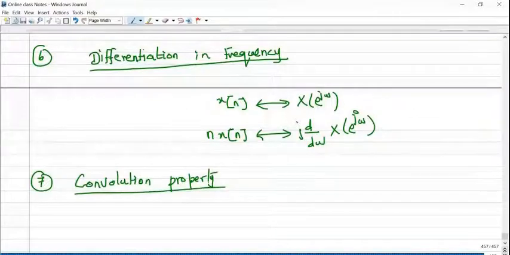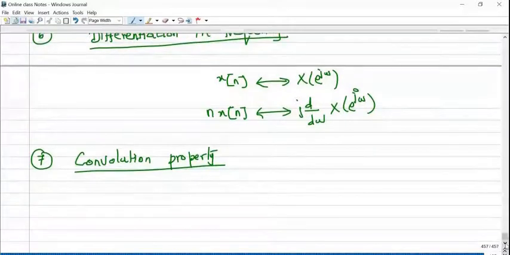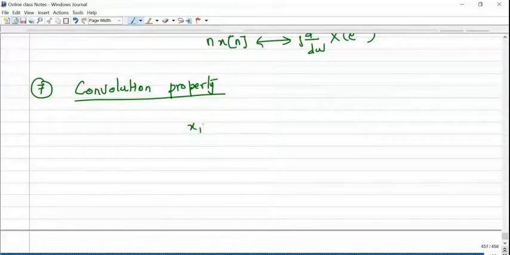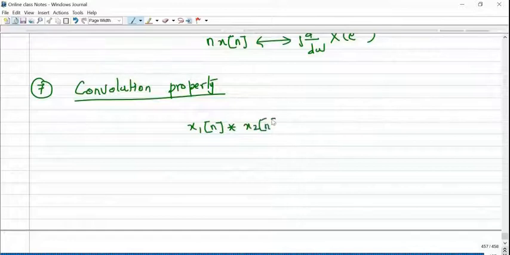So in Fourier transform and Laplace transform, we discussed the same property. We are finding the DTFT of convolution between two signals, say for example, x1 of n convolution with x2 of n, and convolution with x3 of n, and so on.